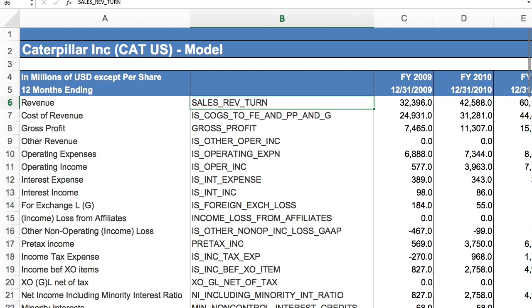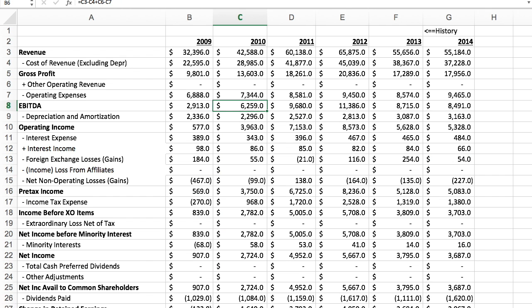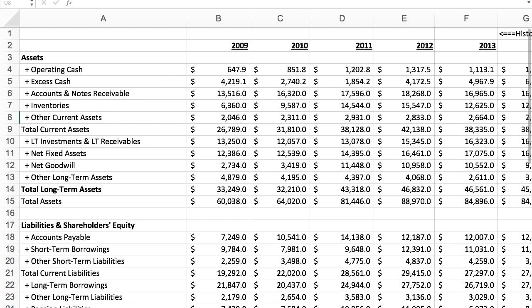Okay? So based on this model data, I then created a tab called the Income tab, where I recreated the historical income statements in a common standardized format. And then I created a Balance tab, which recreated the historical balance sheets off that model data in a common standardized format.